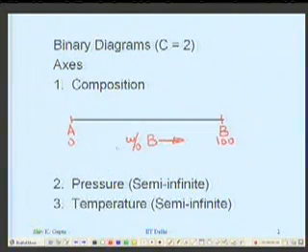If phase 1 is present from 0% B to 100% B, this I have written W oblique 0, W percent is weight percent. Normally engineers work with making alloys, measure 100 grams of A, 50 grams of B, mix them, find out what is the proportion.